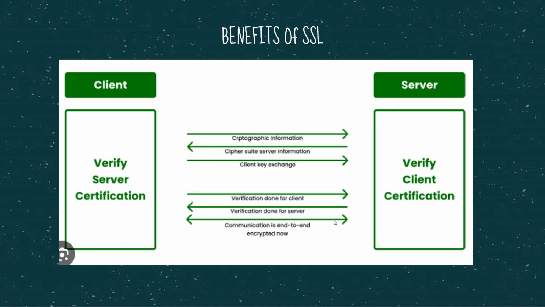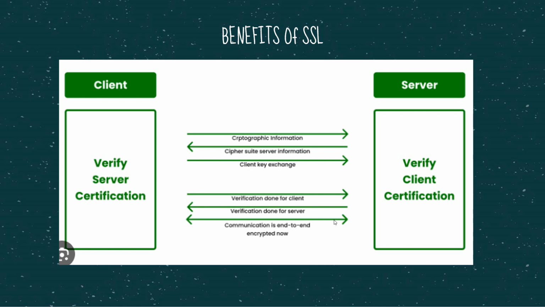This is a diagram which talks about how the encryption works. First of all, the client in a browser tries to enter some information, and it goes to the cryptography and validates the client certificate, which we'll be installing today.